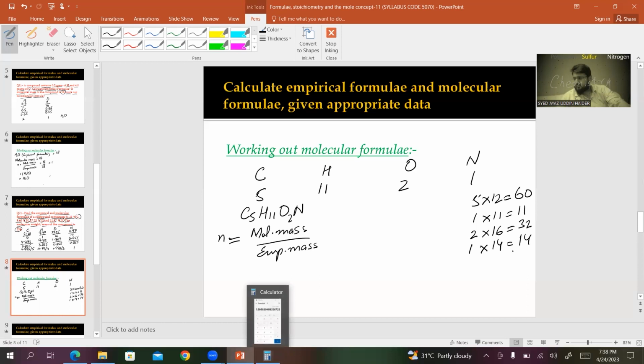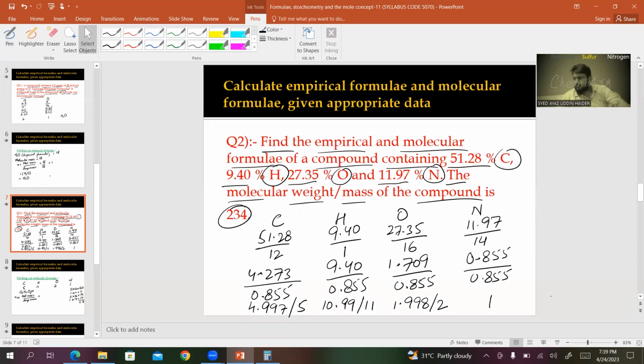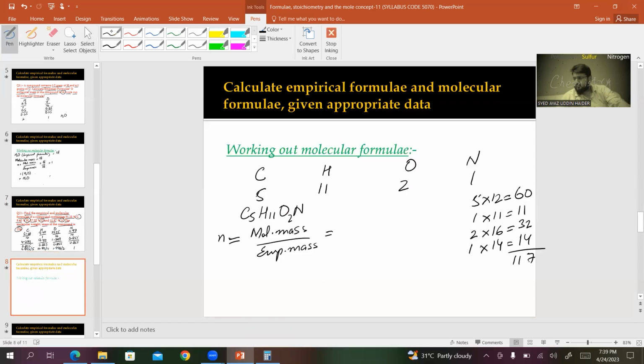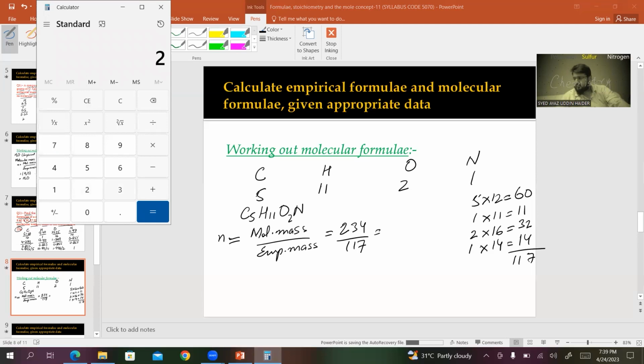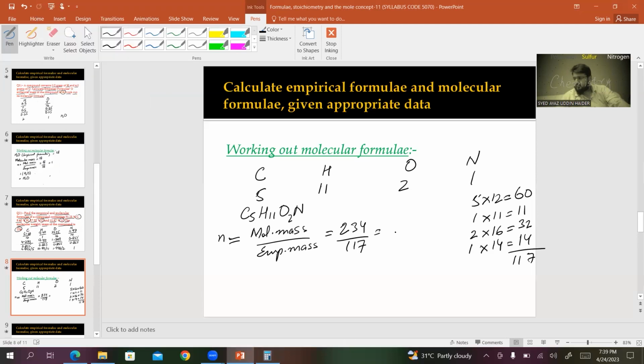So now add up these values, what will you get? 117. Molecular mass is 234. So 234 divided by 117, we will get 2.